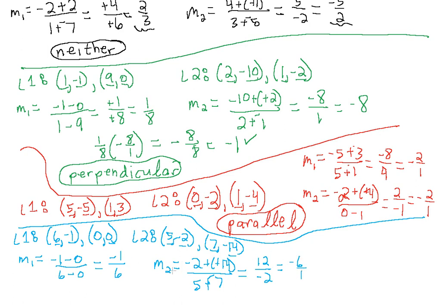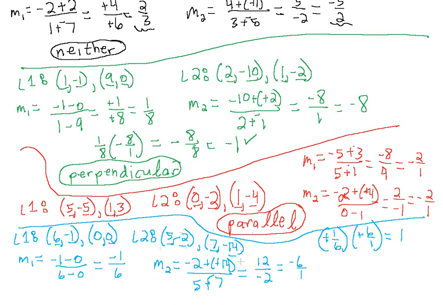Okay, now here they're both reciprocals of each other. 1 over 6 is the reciprocal of 6 over 1, but notice that they're both negative. One's not negative and one's positive, and we can see this by multiplying together. We have -1 over 6 times -6 over 1, which the negatives will cancel, giving us a +1.